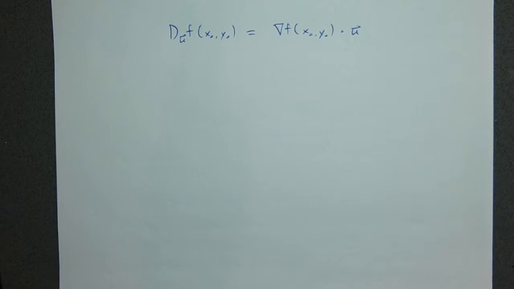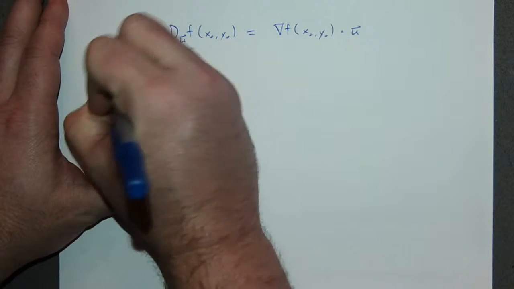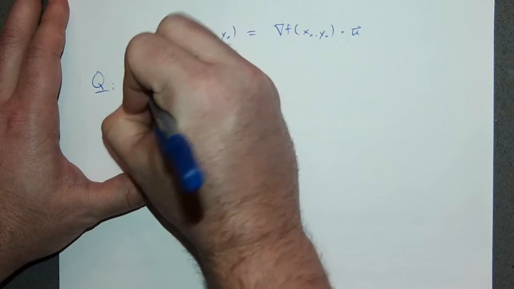That is, can I find the direction in which this rate of change is maximal? And in that direction, what is this rate of change? So maybe I'll write that out. So, maybe two questions.